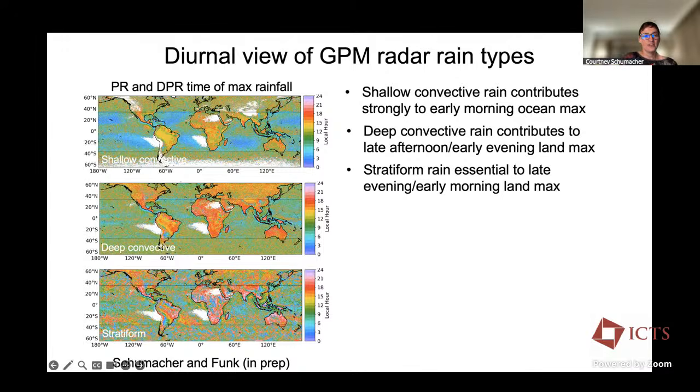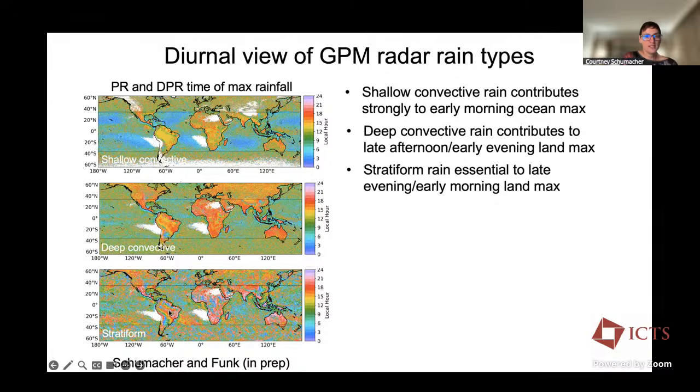So there's certainly some interesting orographic forcing and propagation that you can see in this image. And then finally, the stratiform rain, again, it's a little bit messier over the ocean. It's a weaker diurnal cycle.